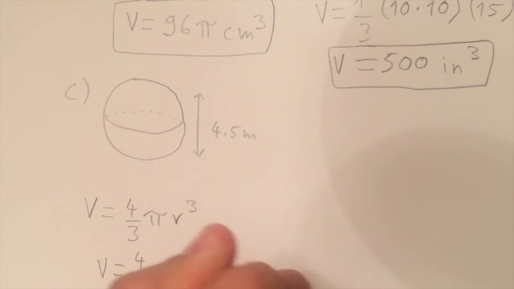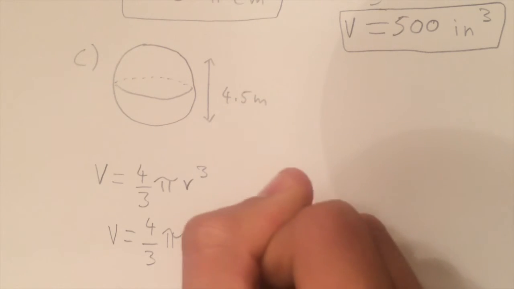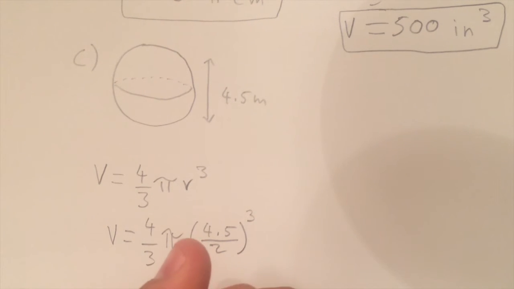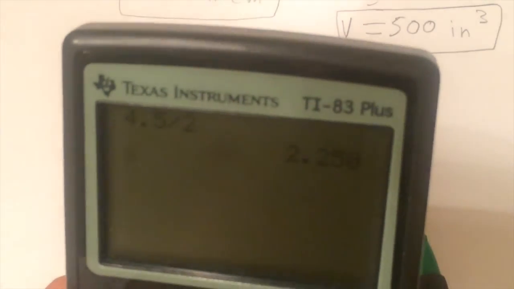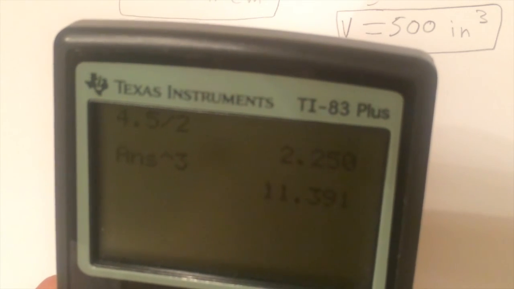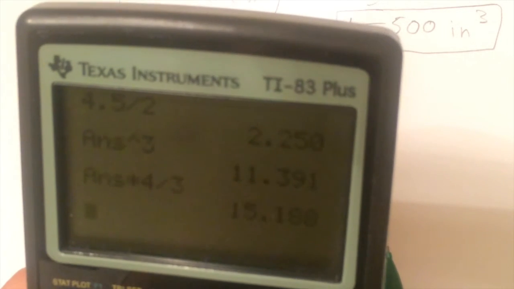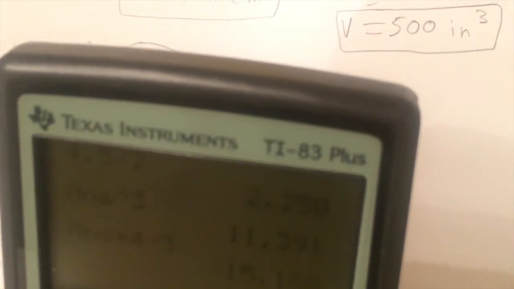V equals 4/3 pi times 4.5 over 2 cubed. So when you actually do 4.5 over 2, and then cube the answer, you get 11.391 times 4/3, which is 15.188 times pi, which is the answer.